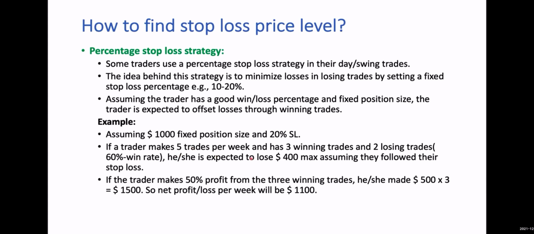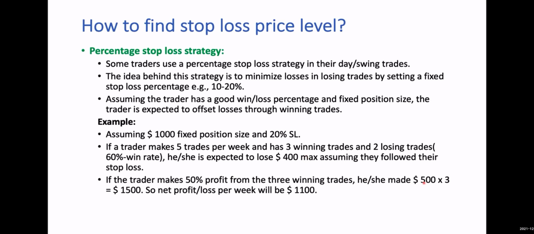He or she is expected to lose $400 maximum. 2 losing trades, so $400 on a 20% stop loss, right? Assuming they follow the stop loss. The trader makes 50% return on the other 3 winning trades. Good winning trades, high quality trades, 50% will be easy on an option, especially if you have a small position size. You can hold for a couple of candles and you will get 50% return.